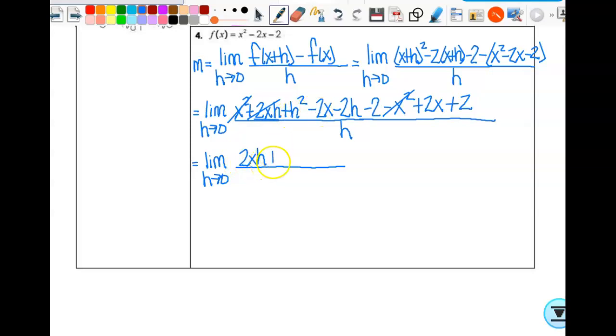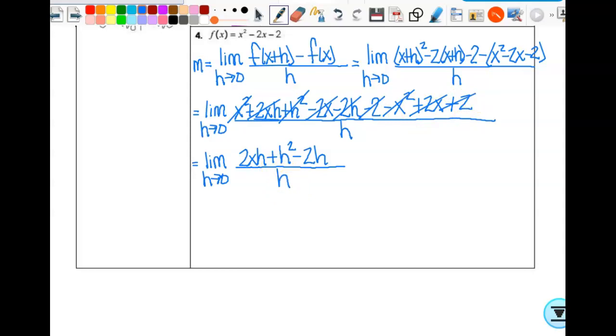H squared, that's the only h squared that I have. Then I have minus 2x plus 2x, so those zero out. Then I have minus 2h, that's the only one. And then negative 2 plus 2 zeroes out. So that's what I end up with.